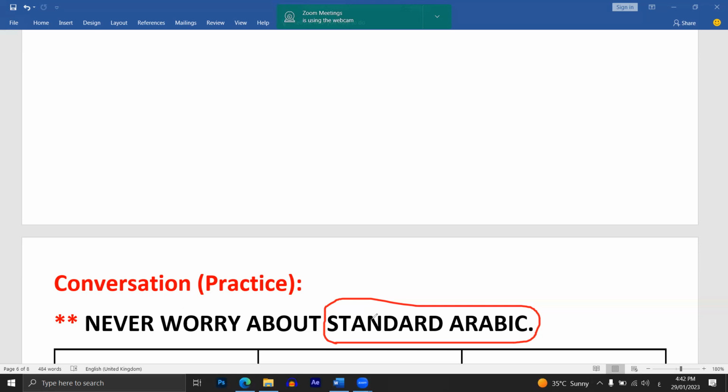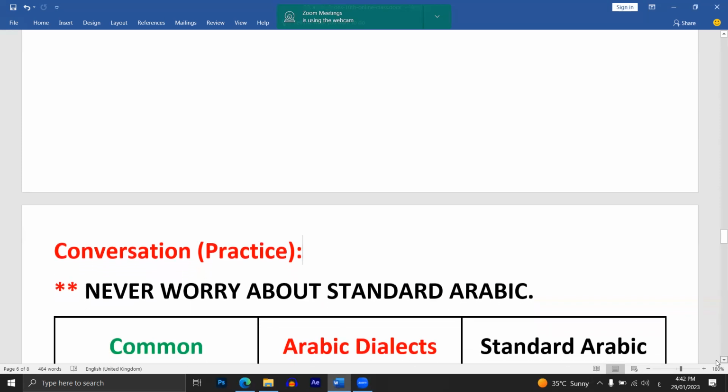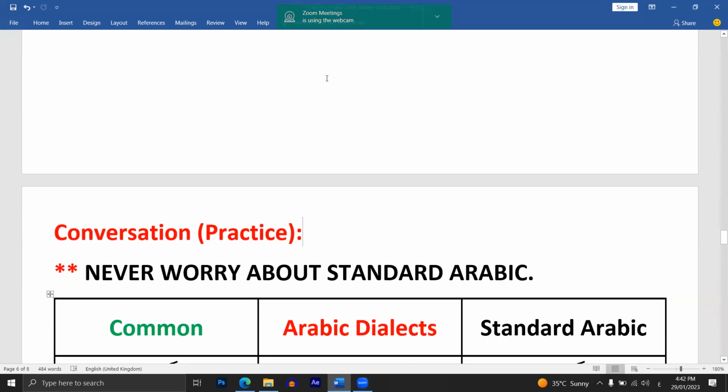Sometimes the expression we use in our daily life is the same as in Standard Arabic, and other times it is completely different, with no relation. So the approach I'm going to follow in this lecture is giving you first the expression in Standard Arabic. This is the grammatical Arabic, okay? This is number one for me. Then I will try to explain the differences in some famous Arabian countries.